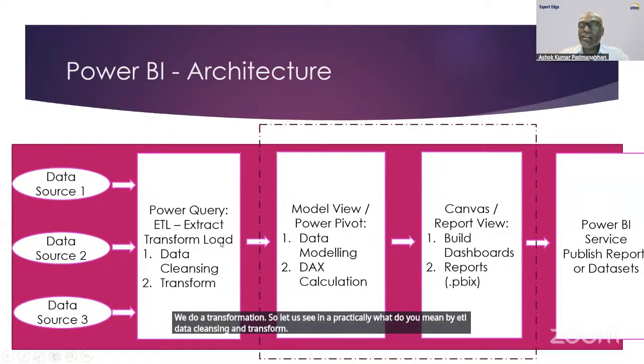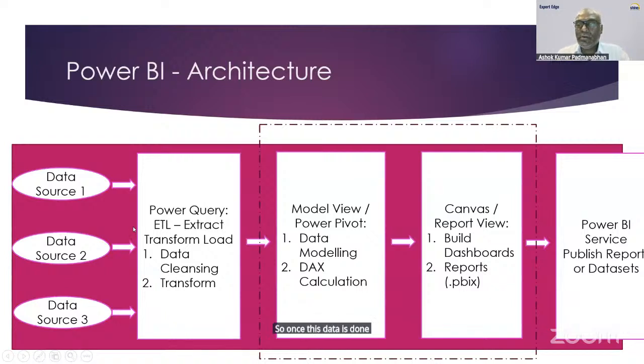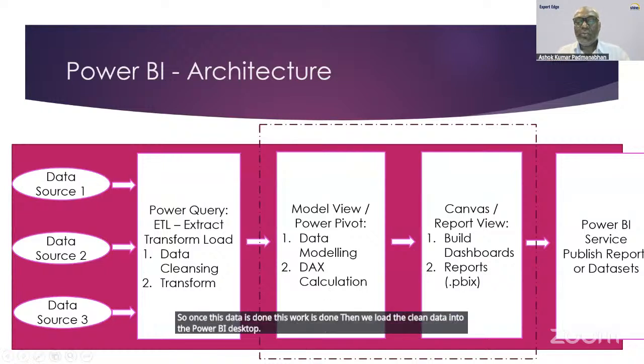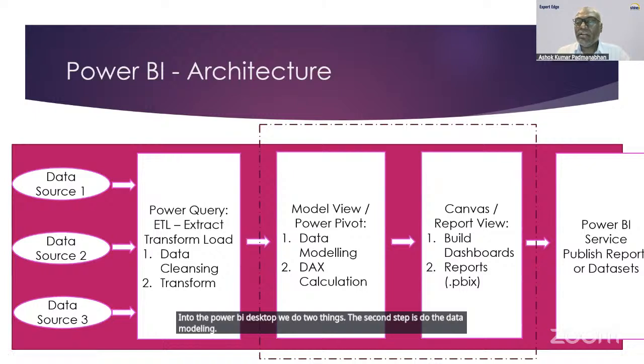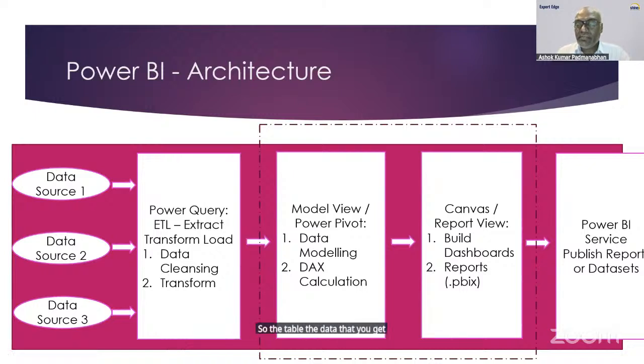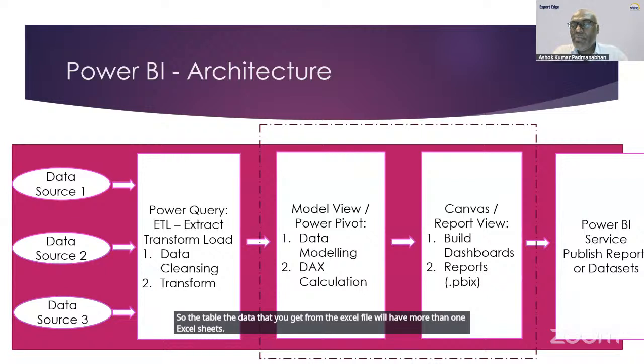Once this work is done, we load the cleaned data into the Power BI desktop. Into the Power BI desktop, we do two things. The second step is to do the data modeling. The data that you get from the Excel file will have more than one Excel sheet. So we connect the tables with each other with the help of the common columns.